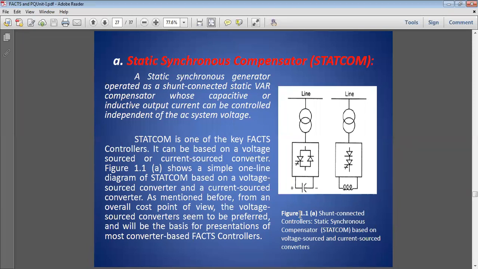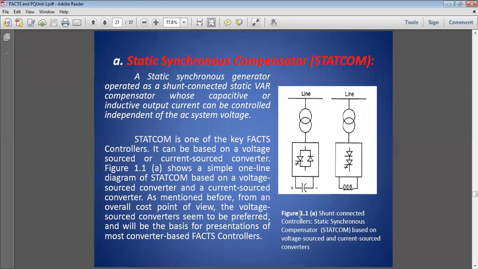Basically, it is a current injected in phase quadrature with the voltage. So as long as the component of current is in phase quadrature, it is going to either consume reactive current or supply reactive current.